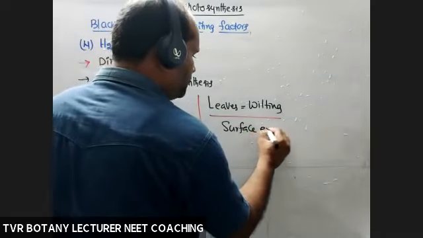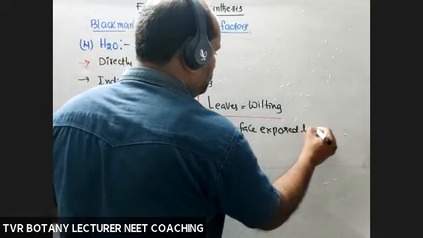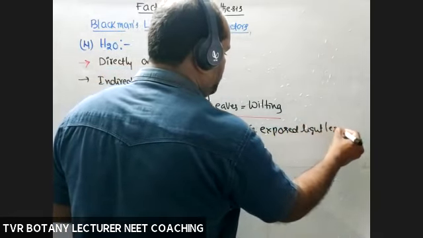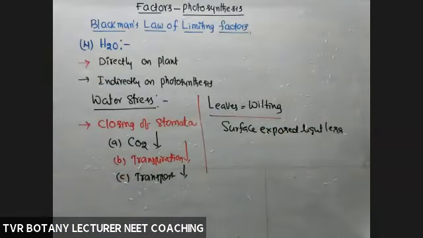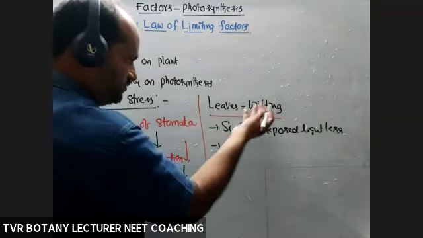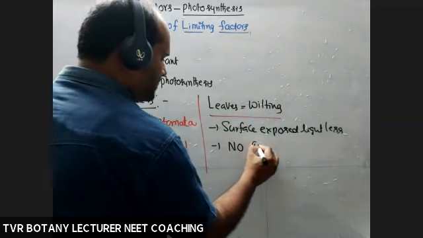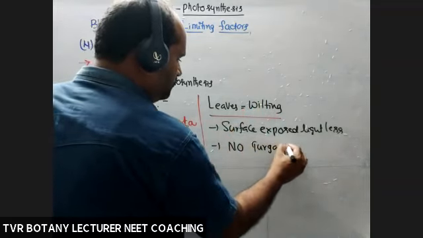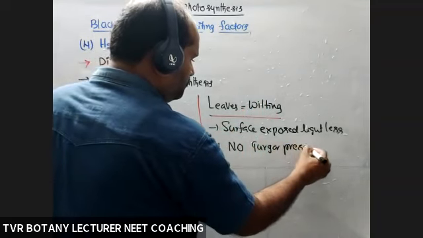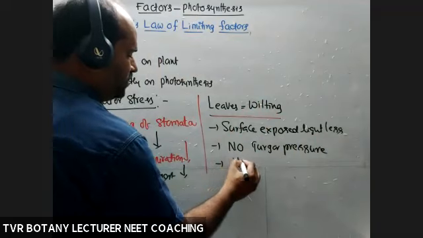Is the surface area exposed to light less or not? Definitely less. Wilting means less water, and because of less water, there is no turgor pressure. So definitely less growth or no growth.